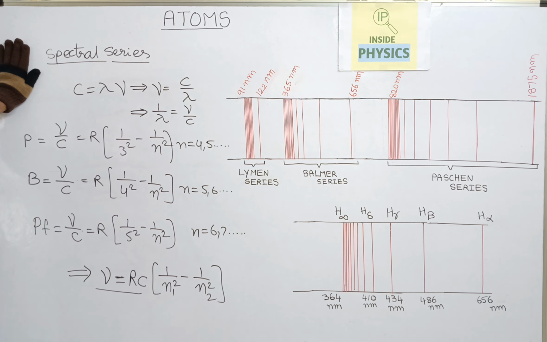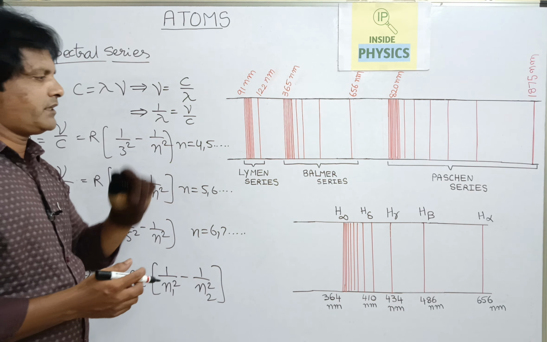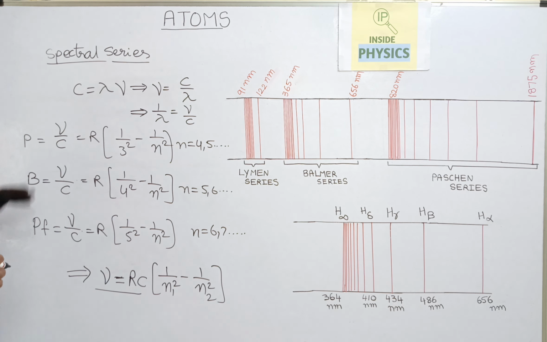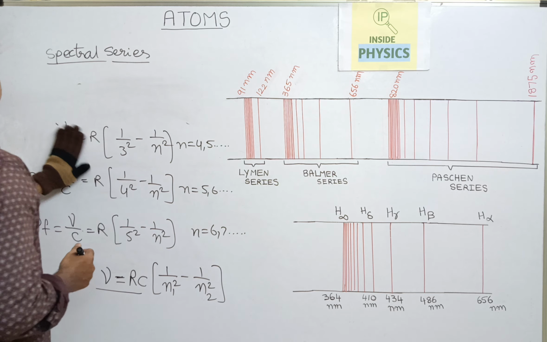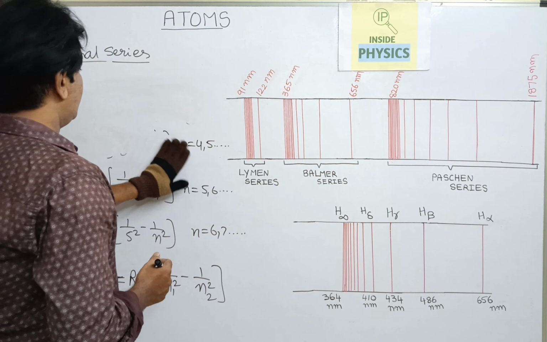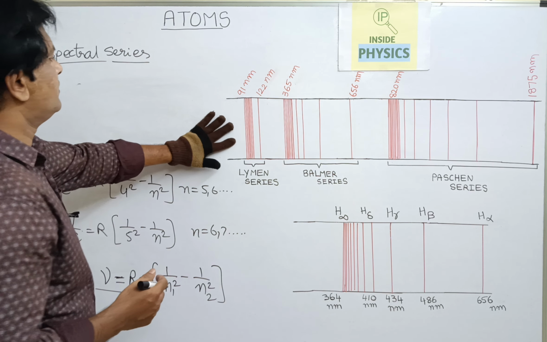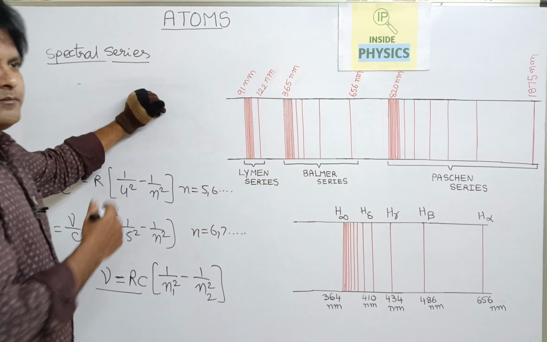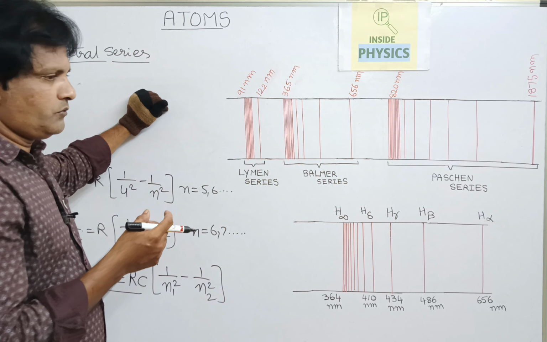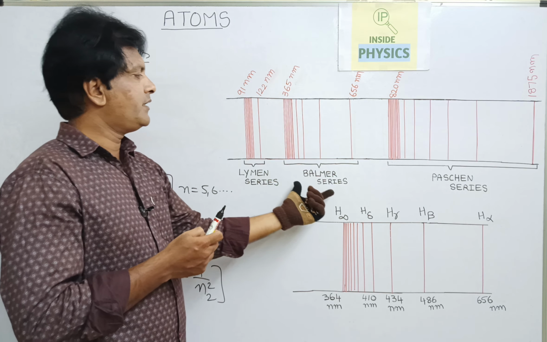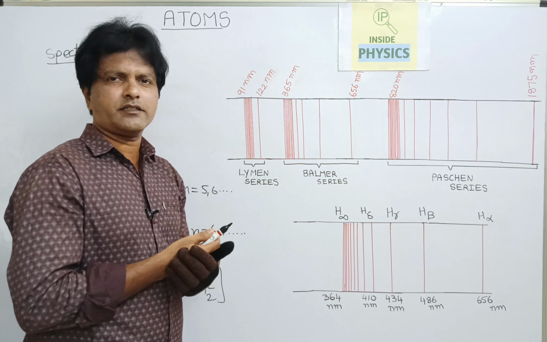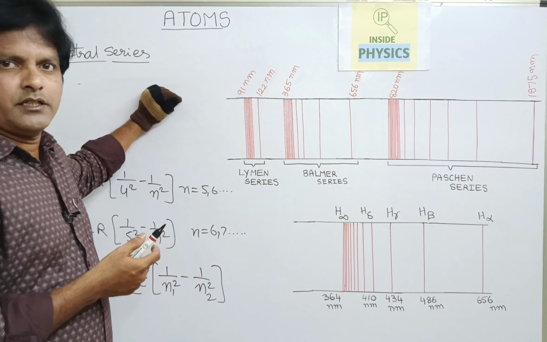This is how we understand the characteristic spectrum, and this empirical formula given by Balmer does not give any information on the spectrum. Why are only some wavelengths, some frequencies, appearing in the characteristic spectrum of an element?